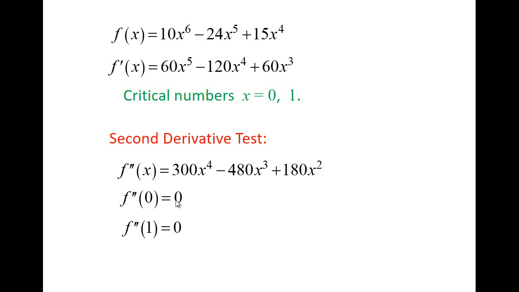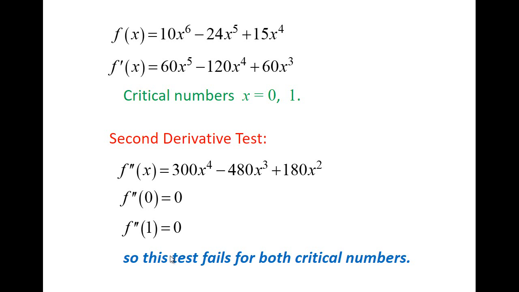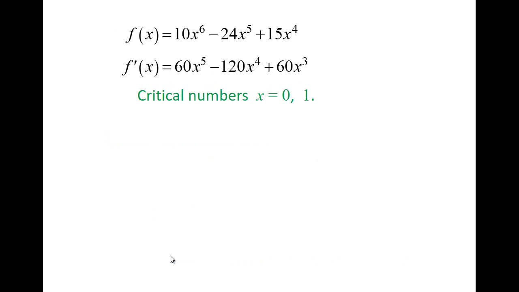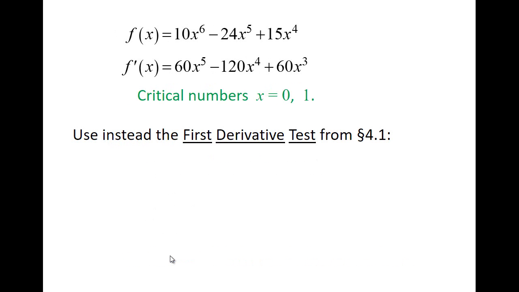But let's look at the second derivative at 1. Well, we're getting 0 as well. So the test fails for both critical points. And so we're going to use the first derivative test.